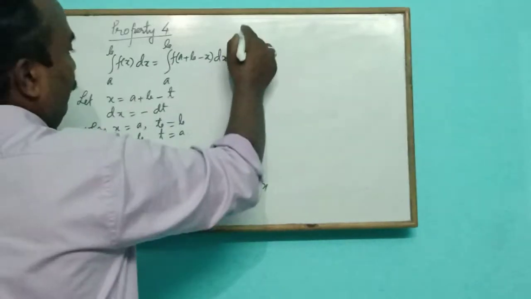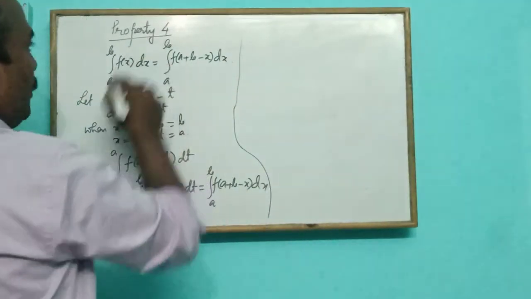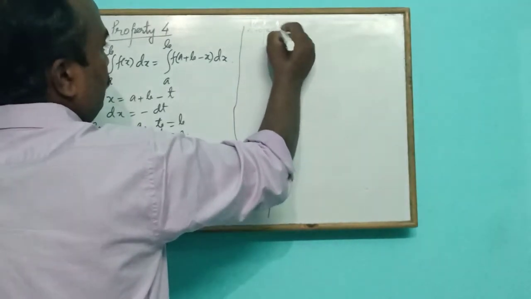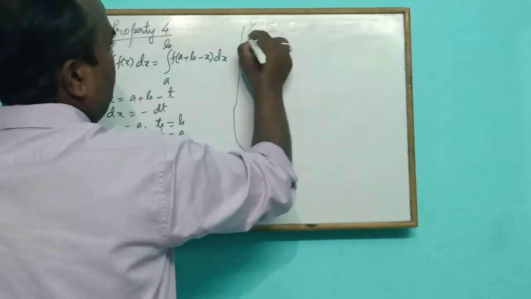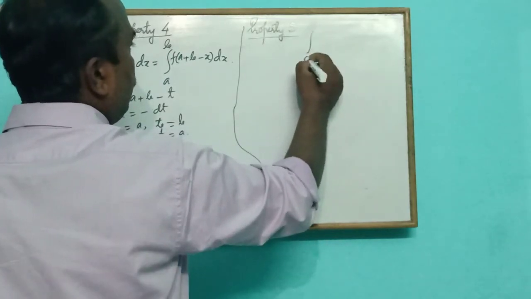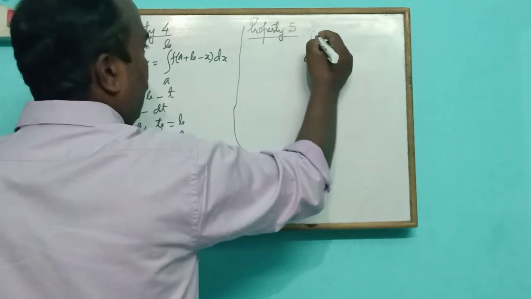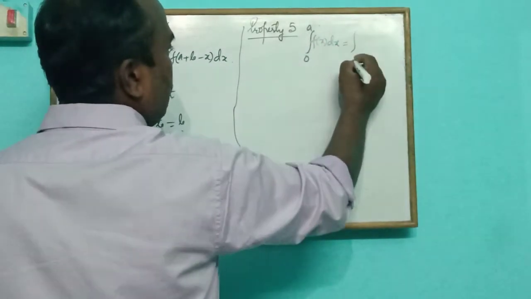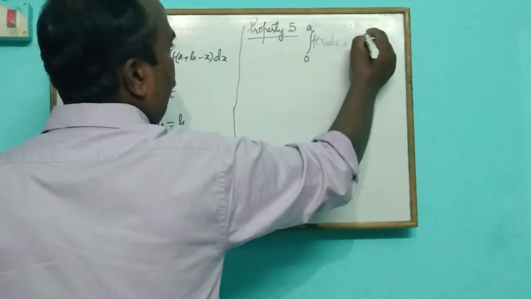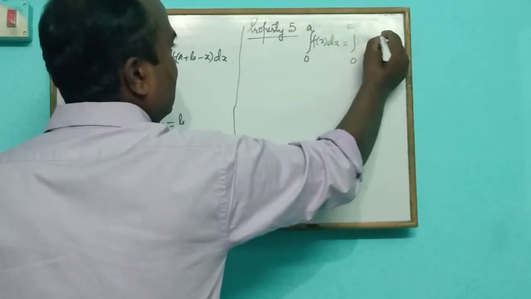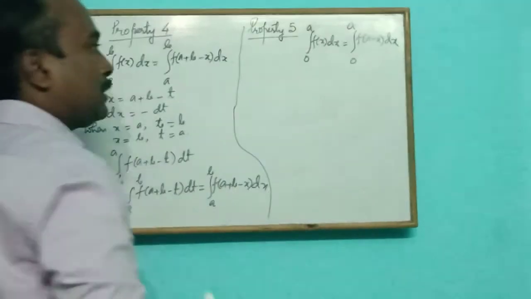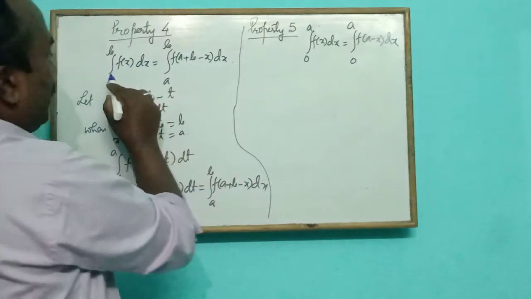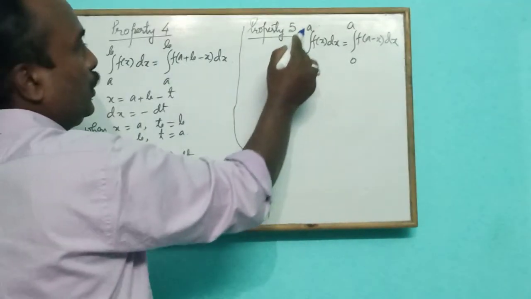Now property number 5 is the extension of property number 4. That is, 0 to a f x dx is the same as 0 to a f of a minus x dx. What does this mean? See, in property 4 we had a to b, and here we have 0 to a.